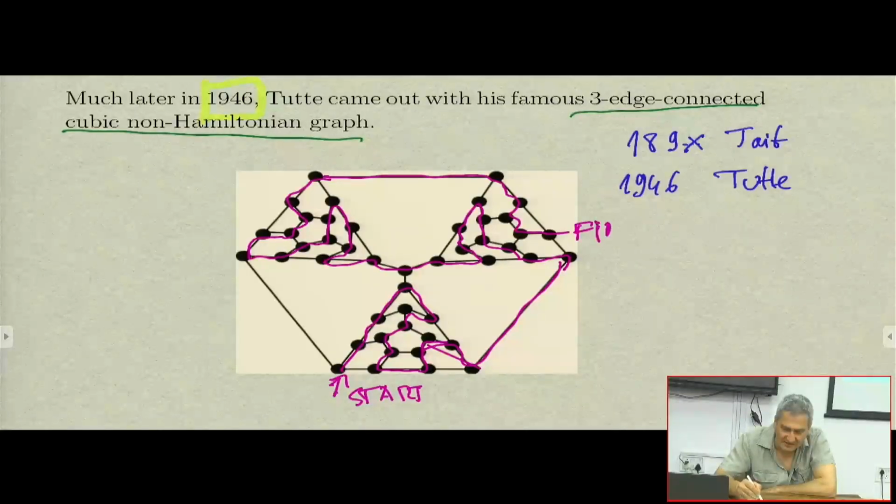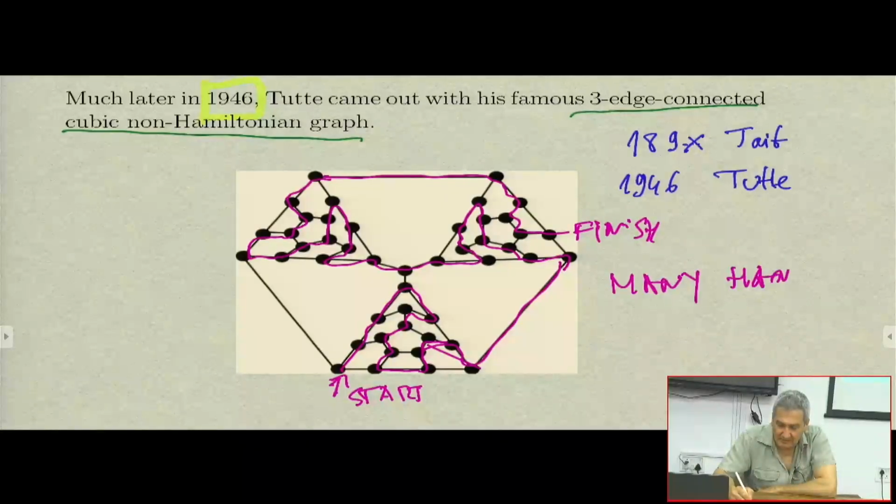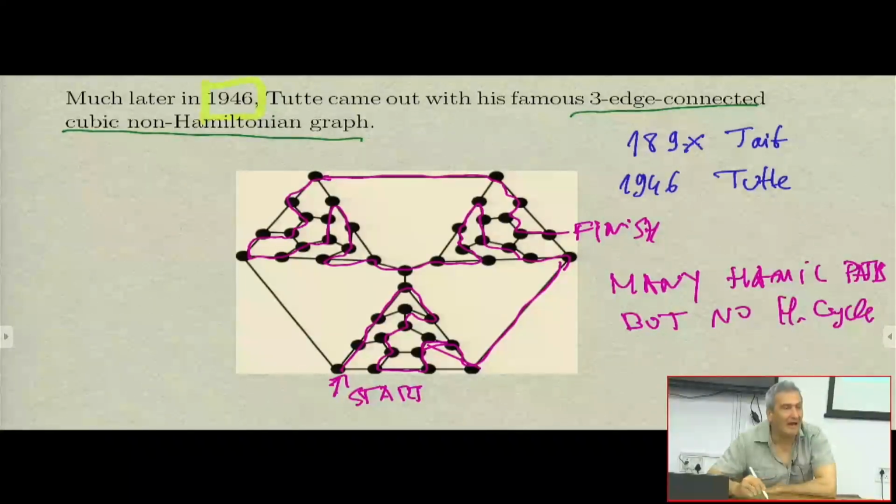Yes. Obviously, it has a lot of Hamiltonian paths, but it has no Hamiltonian cycle. So many Hamiltonian paths, but no Hamiltonian cycle. You can play also at home. I recommend you to play a little bit to get feeling.